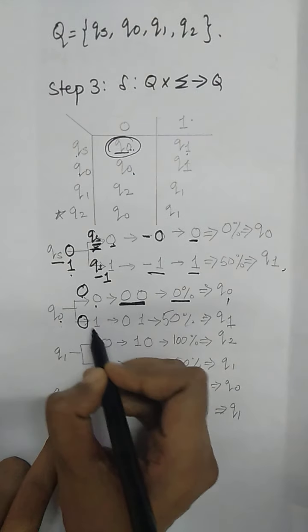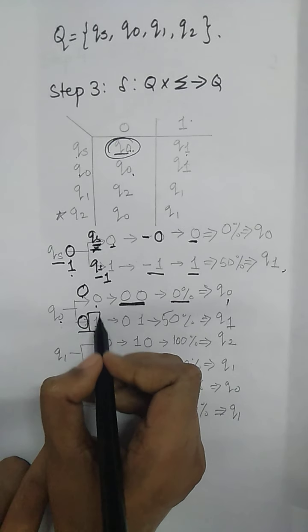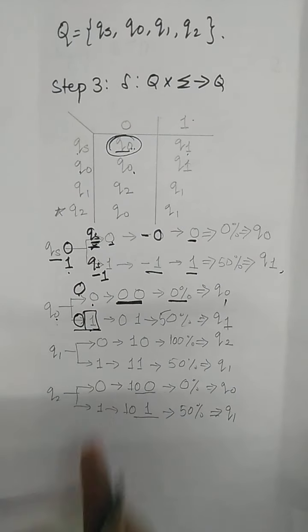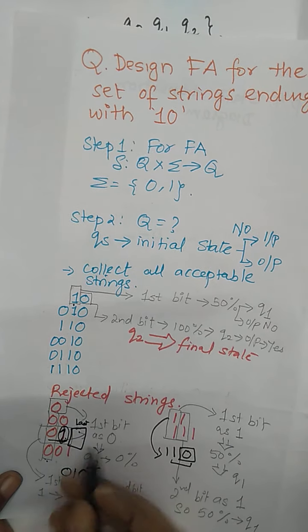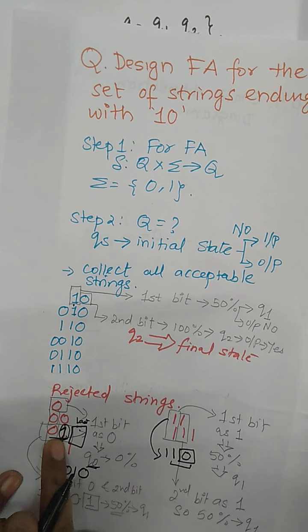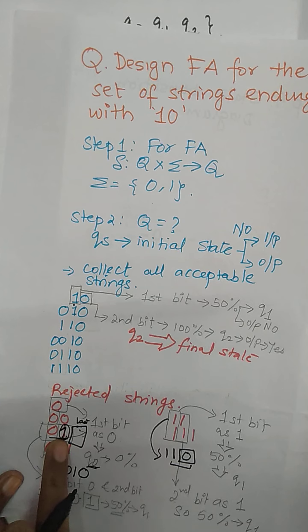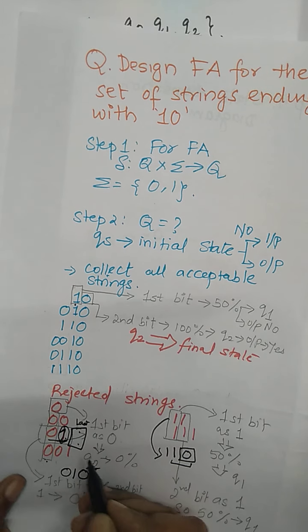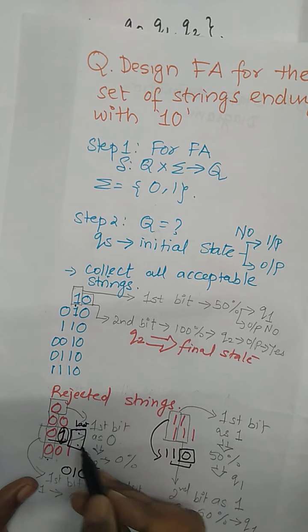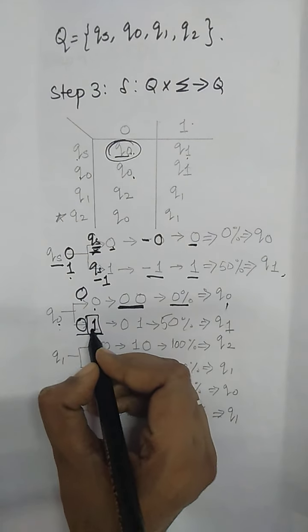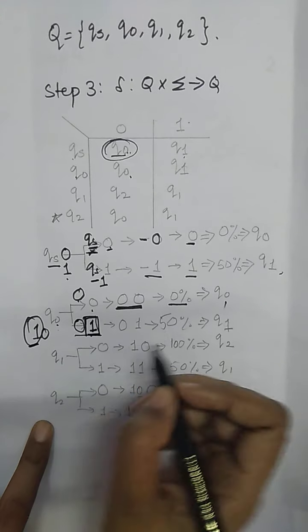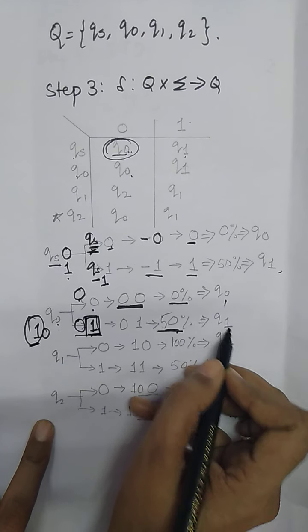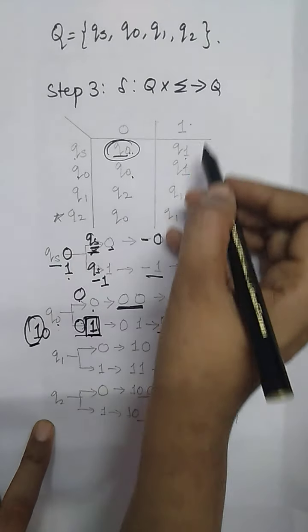With the next bit as 1, if we read the next bit after 01, this last bit will be treated as the second last bit, and the next bit will be treated as the last bit. The last bit, if it is 0, will be according to our requirement. So this 1 makes the 50%. Out of 10 we got 1, which is 50% of the requirement. That's why it goes to Q1. So Q0 on 1 goes to Q1.